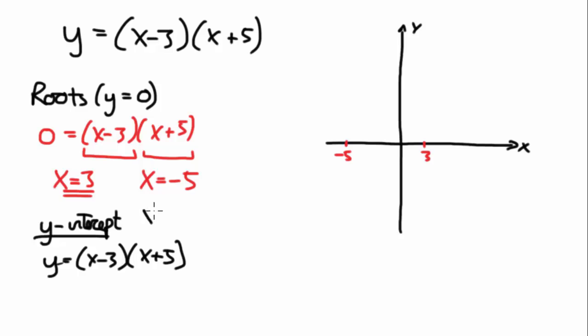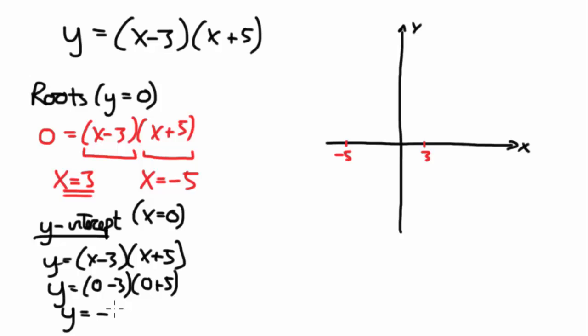That is when x equals 0. So y equals 0 minus 3 and 0 plus 5. And that means y equals minus 15. Right, I'll just need to drag this down a wee bit. So it's actually going to cut down there at about minus 15.